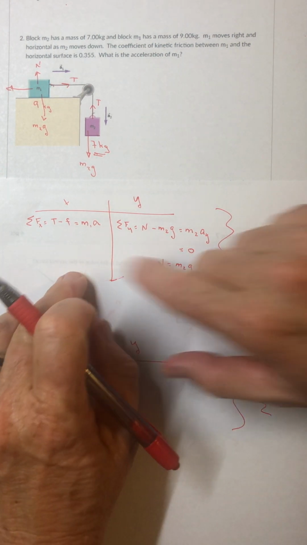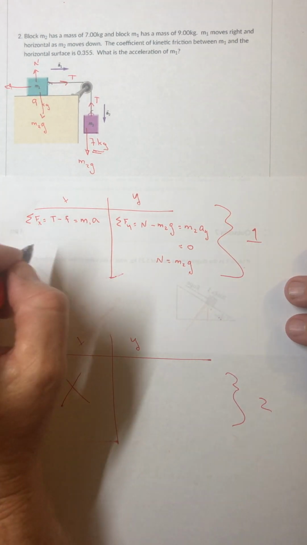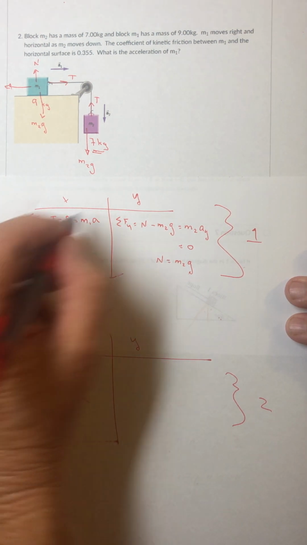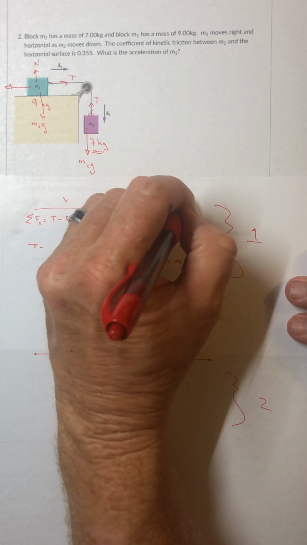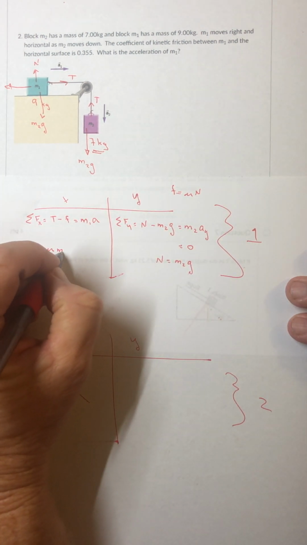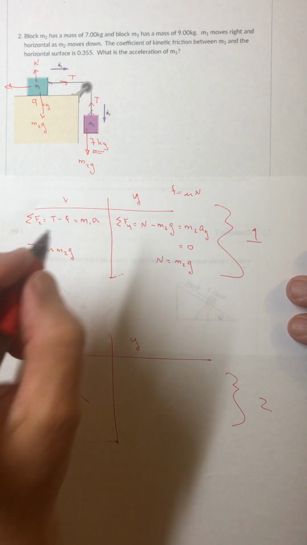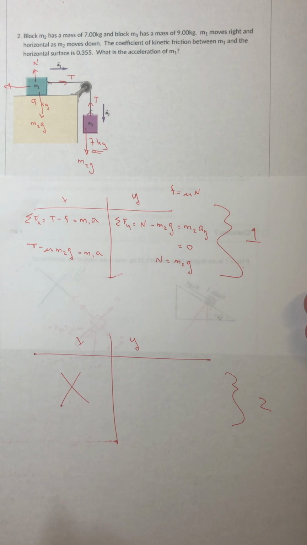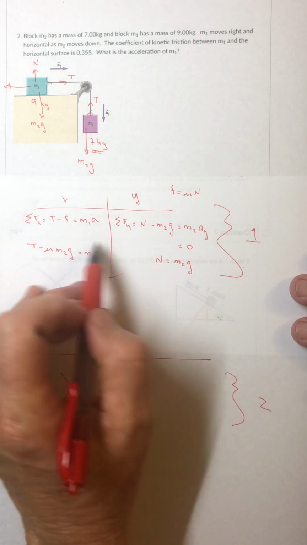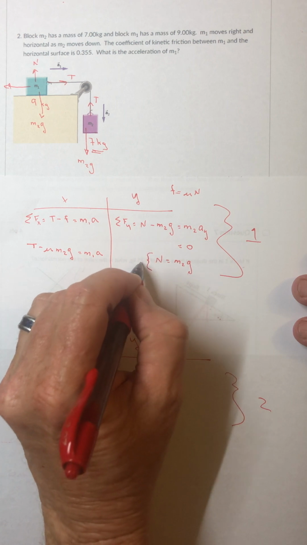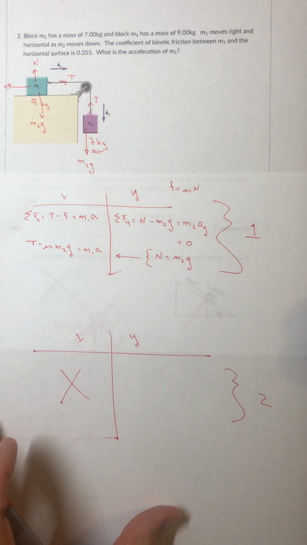And the reason that is helpful is because tension minus the friction, and friction is the coefficient times the normal, so this would be coefficient times M2G equals M1A. So this would be my system of equations for the top block.